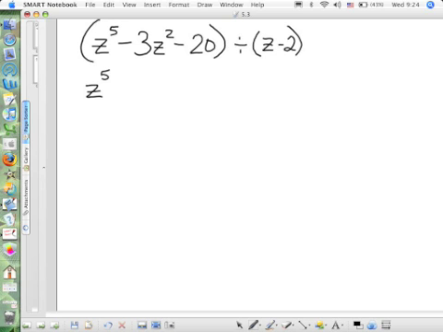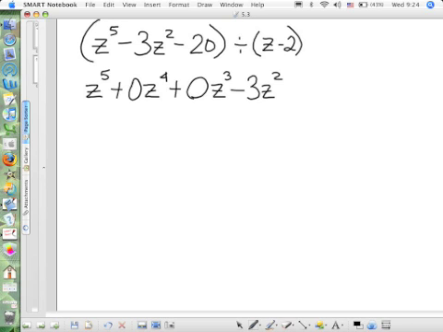Z to the 5th, what should be next? Z to the 4th. But there's really not one there, so I'm going to put a 0 coefficient. I'm making room. Next should be a z cubed, but I really don't have one, so I'm going to put a 0 coefficient. Then I have z squared, and then next should be what?